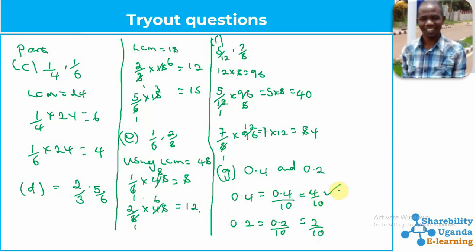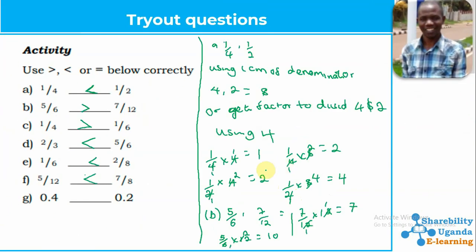Here you just see things are just moving, okay? 4 out of 10, which one is bigger than that one? We have 4 out of 10 and 2 out of 10, so our 4 out of 10 totally becomes the biggest, the greatest. So we shall say our 0.4 is greater.